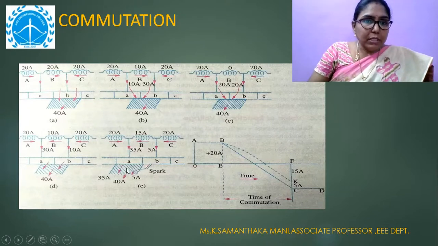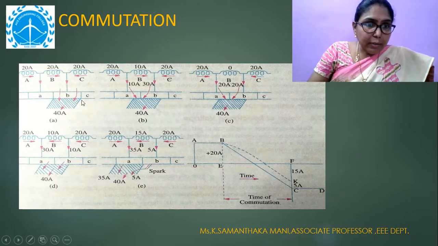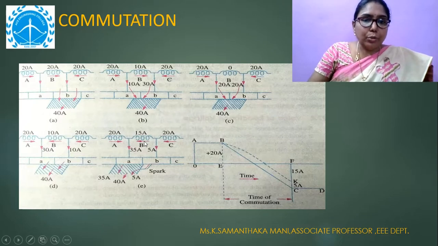So if we observe from figure A to figure E, the contact of the brush has to be completely changed to the other segment. But by the time the brush reaches the other segment completely, the current has to be completely reversed in the coil which has undergone the short circuit.